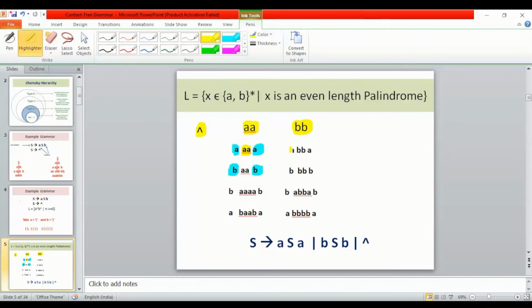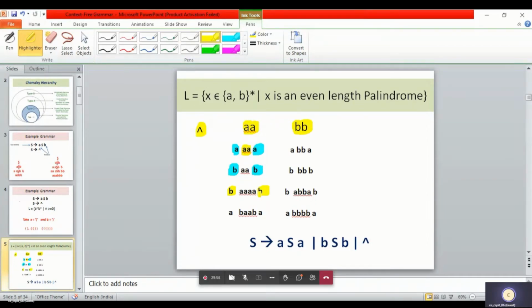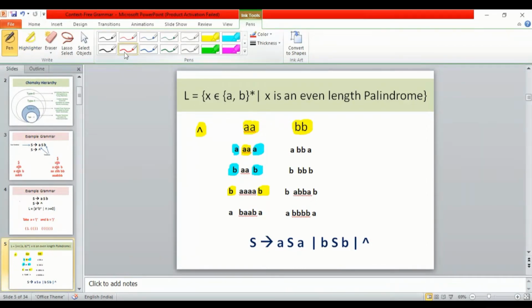Here you can also see that I'm applying B and B to the string AAAA. So we again get a palindrome, BAAAAB. So you can see that we are generating this pattern starting from null, just appending the equal elements. So we get AA. Then I append B and B, and I get one more palindrome.